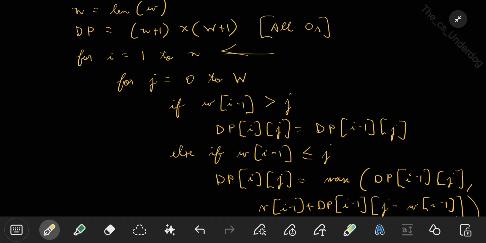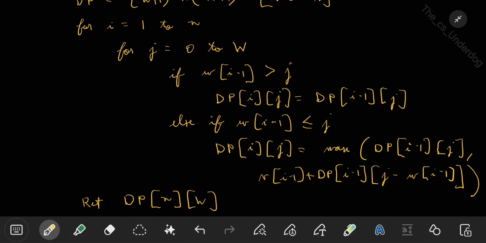Then from the second row you are going to loop i equal to 1 to n. What are you going to loop through? For j equal to 0 to w, that is through all the columns. You are going to fill all the columns one by one for each row. So in each entry, what are you going to do? You want to fill dp[i][j]. This is the aim. For filling that, there are two conditions.